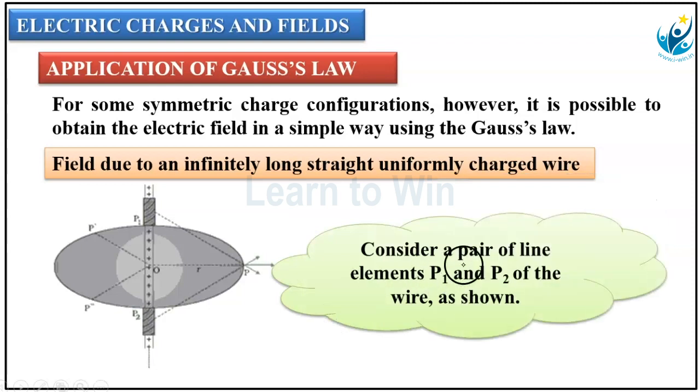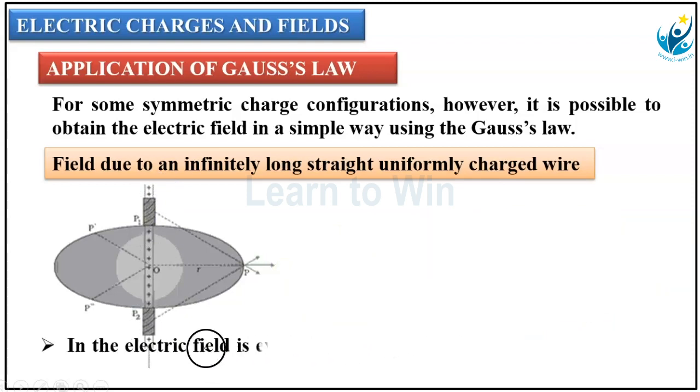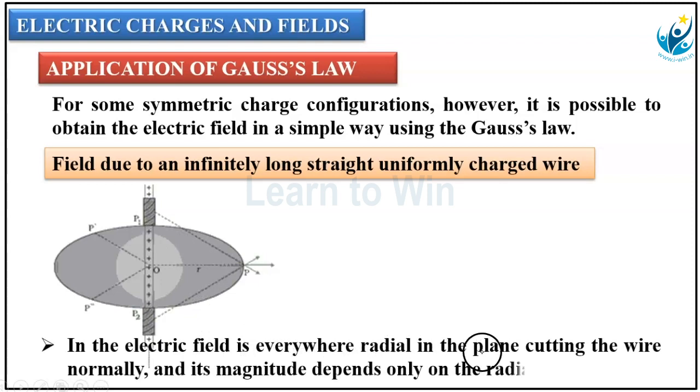Now, consider a pair of line elements. What are the two elements? P1, P2. Observe these two elements as shown. Now, the electric field is everywhere radial in the plane and cuts the wire normally. Observe here. The wire is like this.